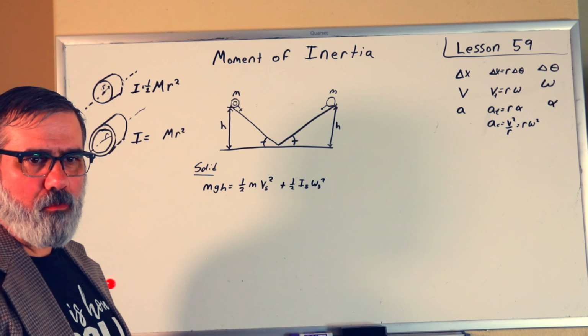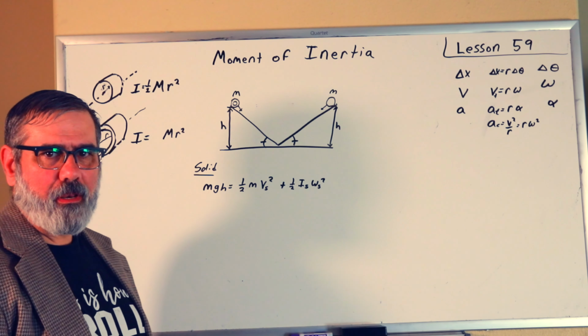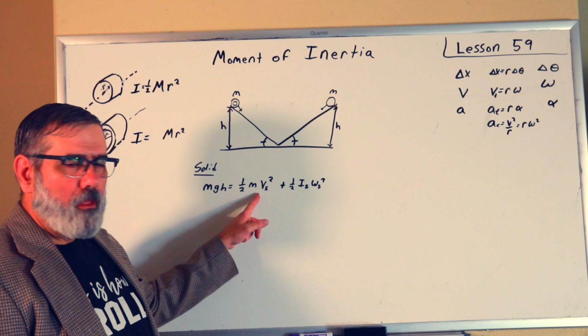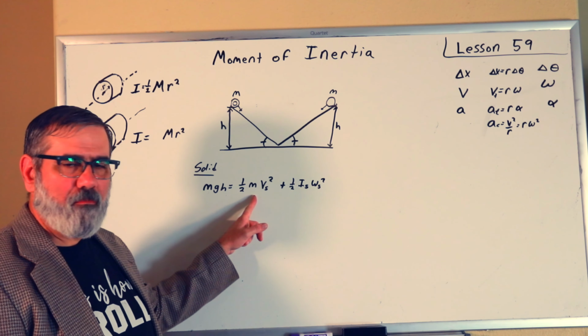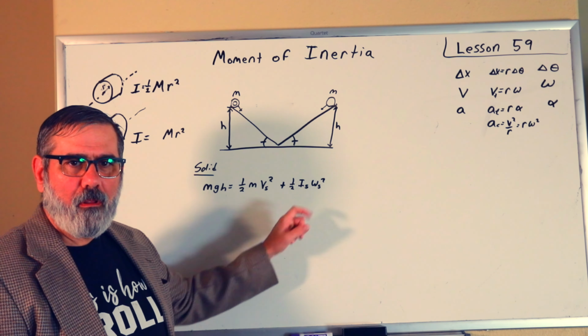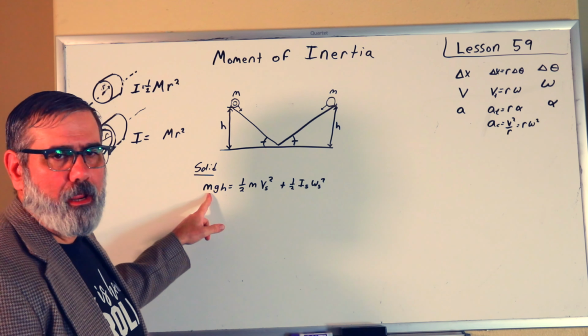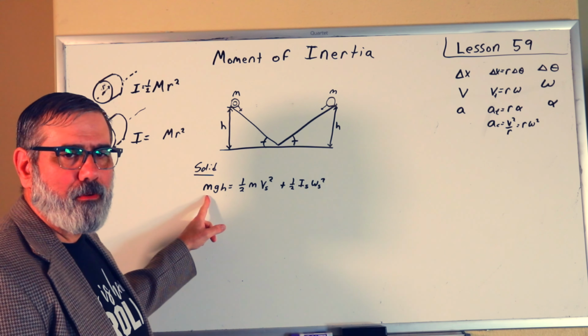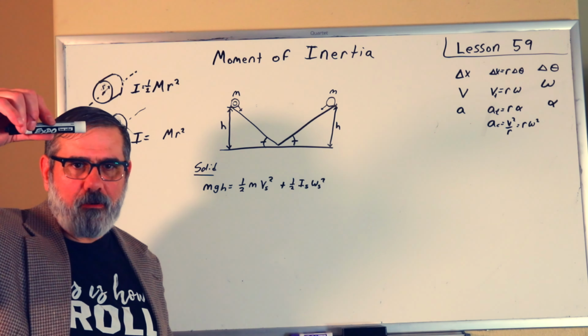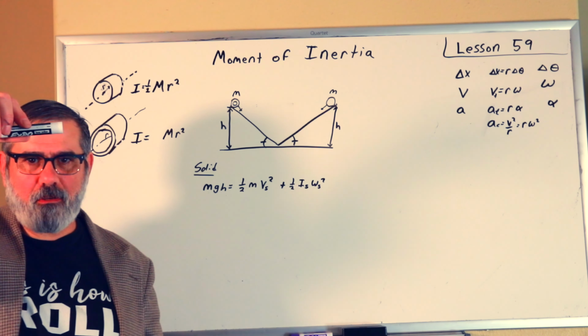Does that make sense? That's what we talked about here at the beginning with kinetic energy. We have the two components: the linear component, that's the center of mass motion, and the rotational component. And when you put energy into something like we're doing here, we're putting energy into it via gravitational potential energy, just as I'm putting energy into this pen via gravitational potential energy.